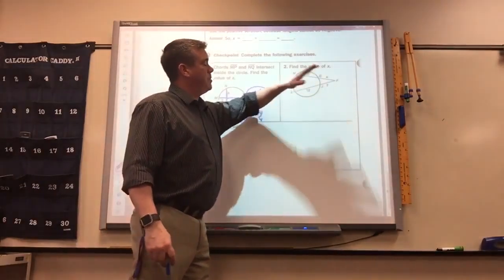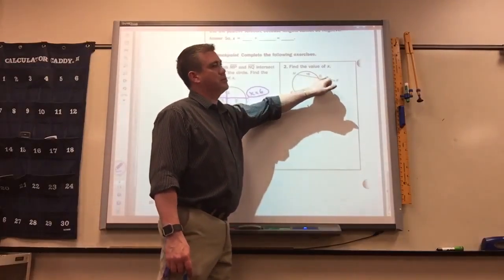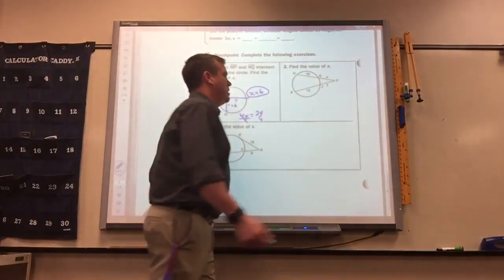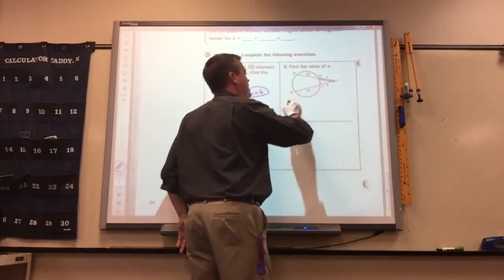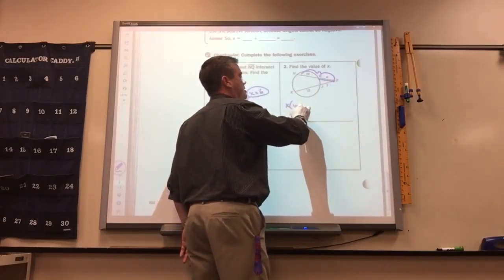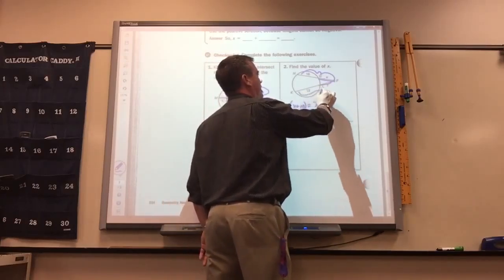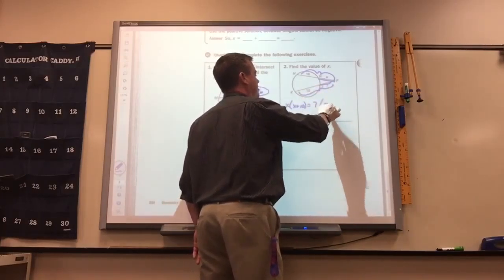When it's these, this one would be a quadratic also. If the x is ever on the outside, you're going to get a quadratic because it's the outside times the entire length, which is x plus 10, equals the outside times the entire length, which would be 19.